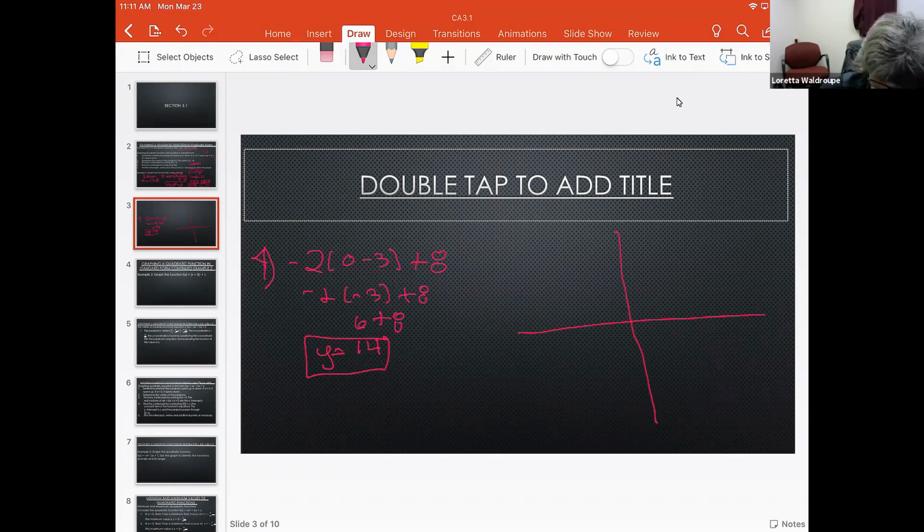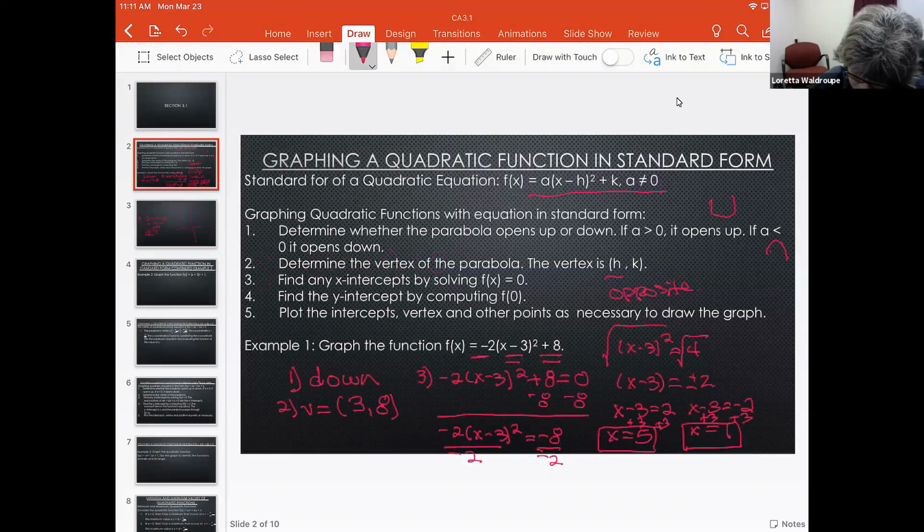Okay, so now plotting the vertex, (3, 8).